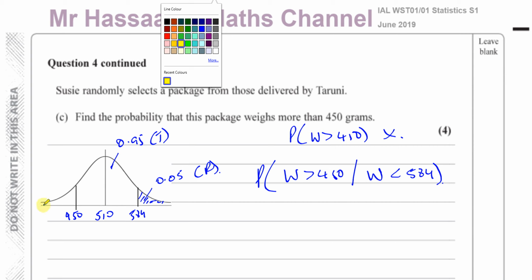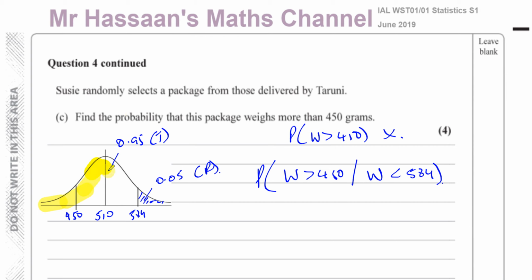So we're only considering this highlighted region here. We're not considering anything else. So our sample set is the yellow area, which is where the weight is less than 584. That's what we're choosing from.